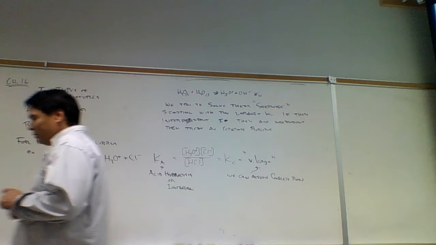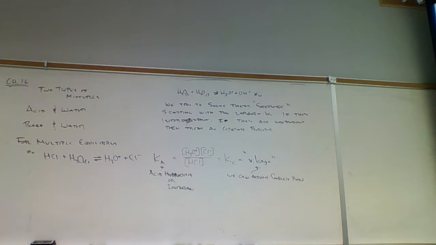These two equilibria are interdependent because they have a common species. When you look at Ka and Kw, what is the common species that they share? Well, hydronium, and water, I should say, but water is always there. So in this case, hydronium would be the common species.